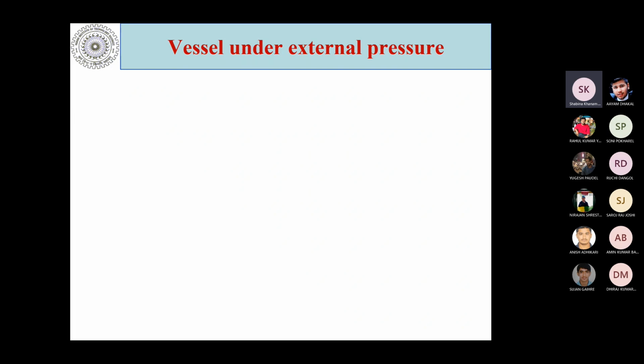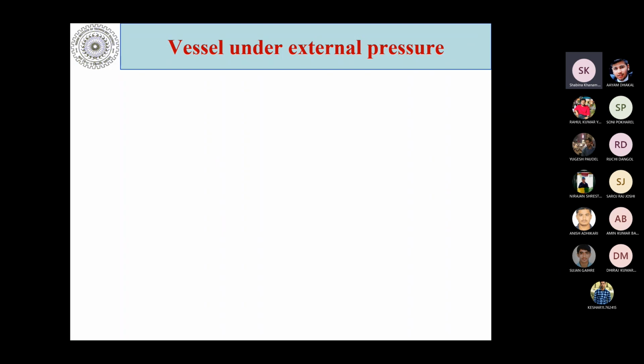Its design is entirely different, because the stresses applicable here act in a different direction. What these stresses are, where they act, and what type of failure occurs, we need to focus on in the design, and all these points we will cover in today's class.